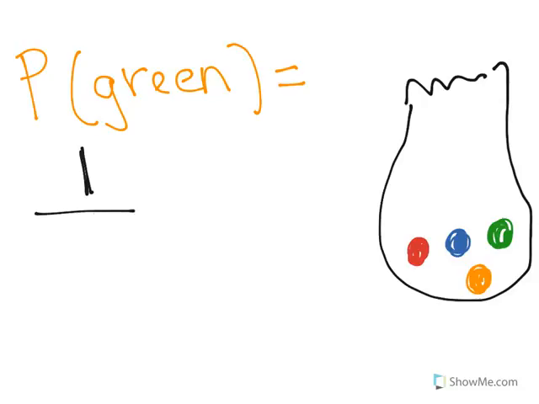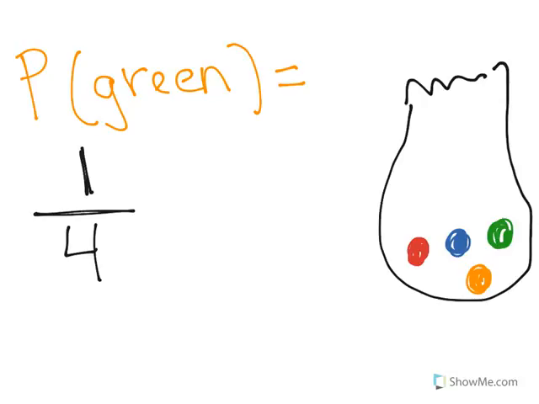And for the denominator, we look at how many possible outcomes could happen when you reach into this bag. Well, you could pick out a green ball, a blue ball, a red ball, or an orange ball. So there's 4 possible outcomes. So that becomes the denominator, or the bottom of our fraction. So the probability of picking out a green ball is 1 in 4, or 1/4.